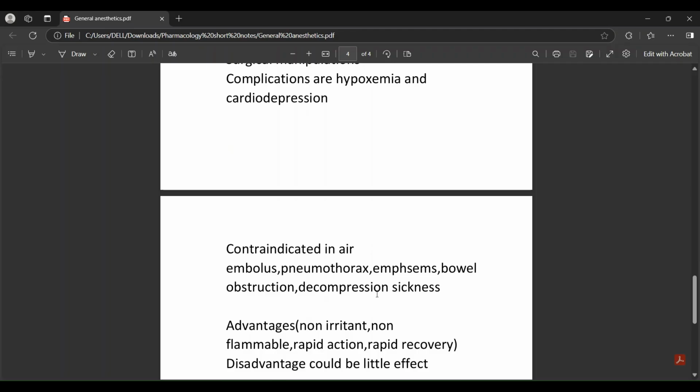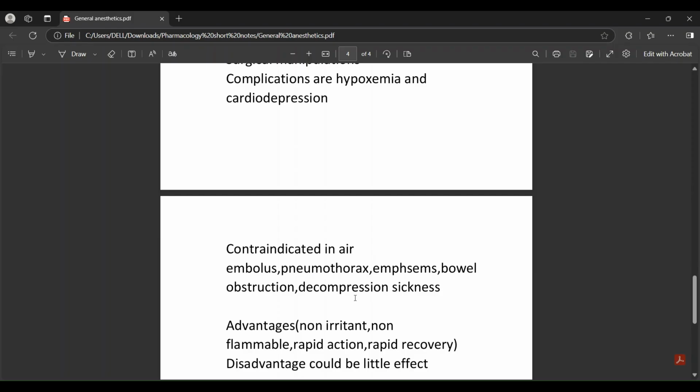Proximal to that there is air accumulation, and for surgical manipulation you give nitrous oxide, and nitrous oxide will increase the volume and introduce pressure into that bowel lumen. It will become large like a balloon.